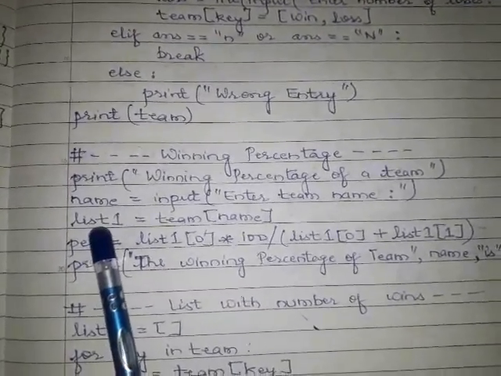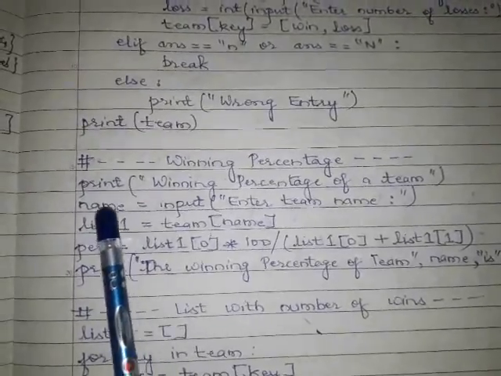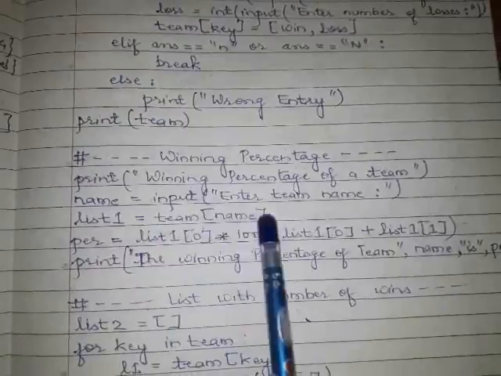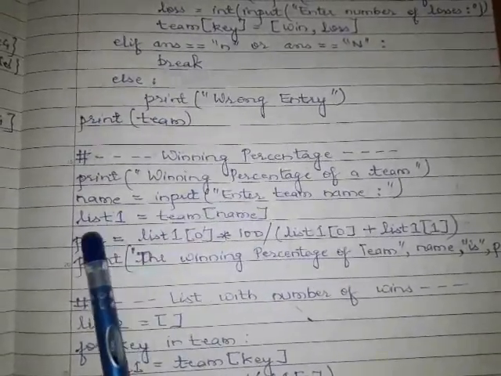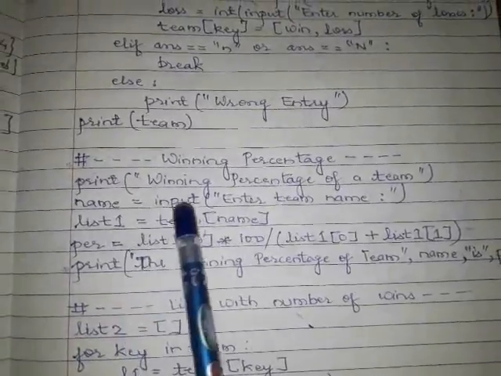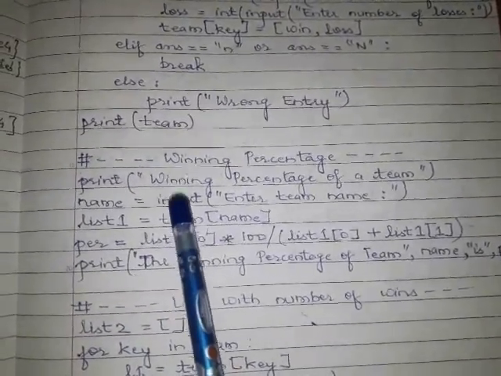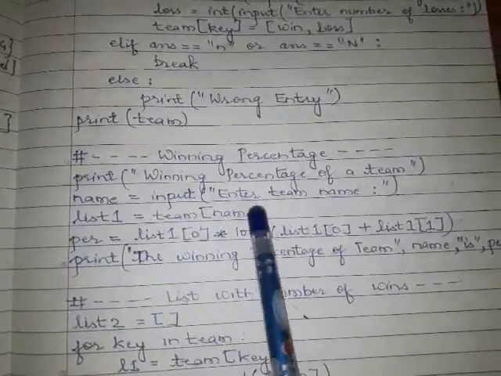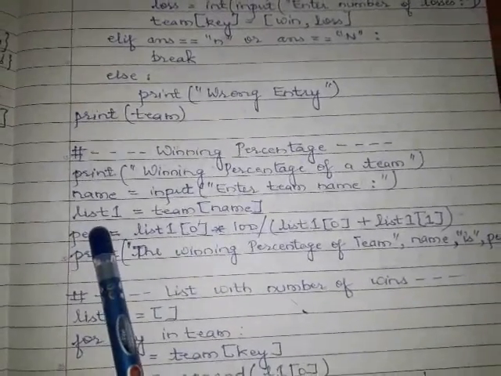List 1 is a variable in which you will take the value. List 1 is a list of a particular team in the form of two values, win and loss. So this list 1 consists of values from the dictionary in the form of a list.